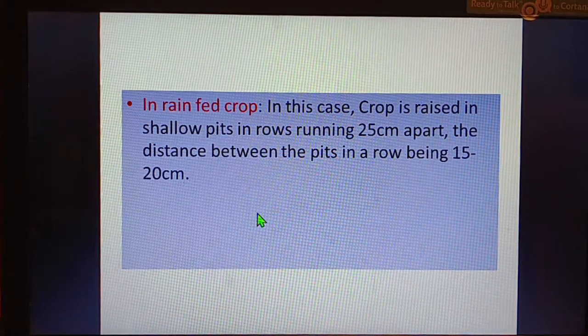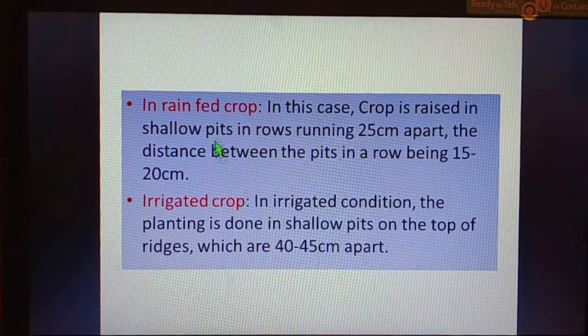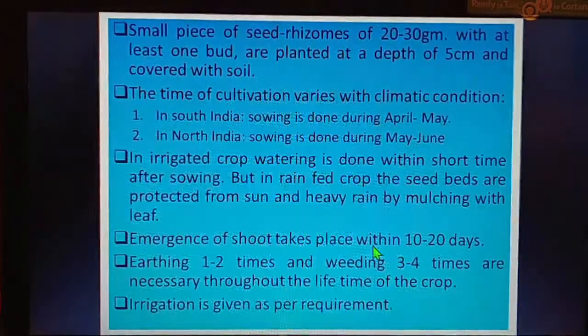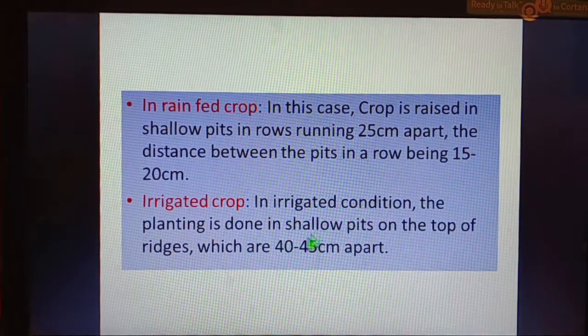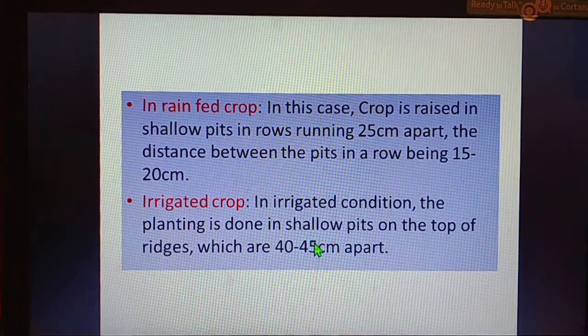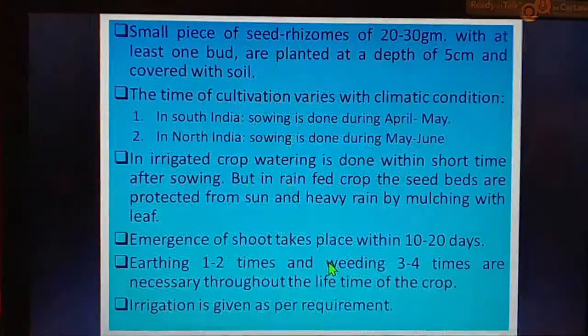So this is the difference. In the case of irrigated crop, planting is again done in shallow pits on the top of the ridges, but the distance is different: they are about 40 to 45 centimeter apart.